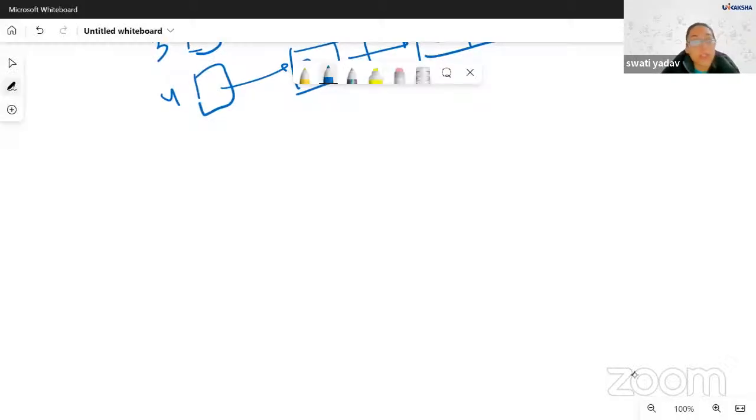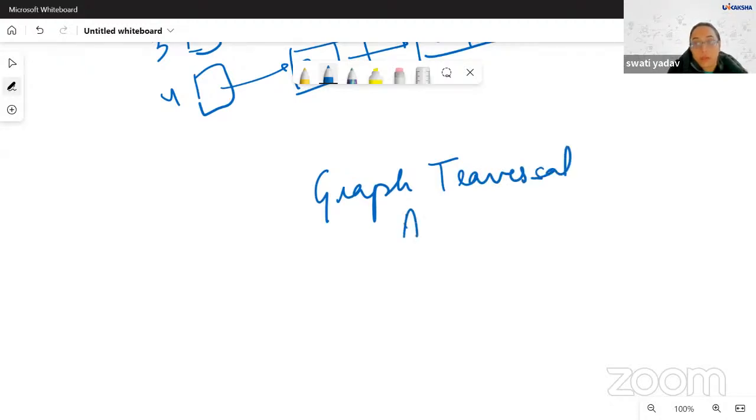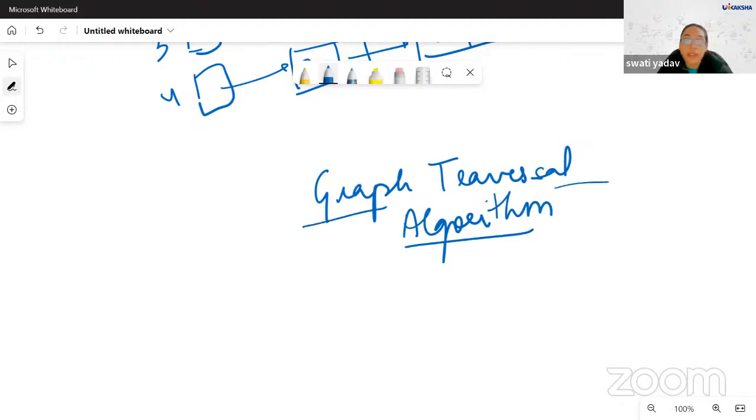A very important kind of algorithm that comes up is the graph traversal algorithm. Being a type of non-linear data structure, traversing a graph, traversing means to go from one node to another node. That is what traversal means.